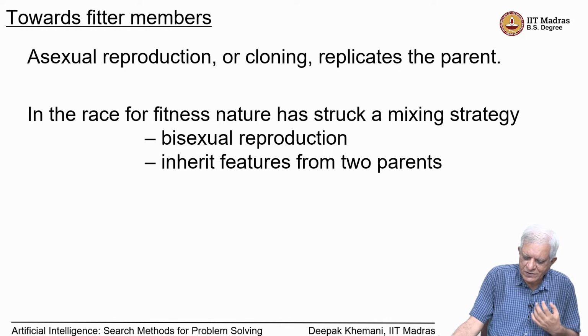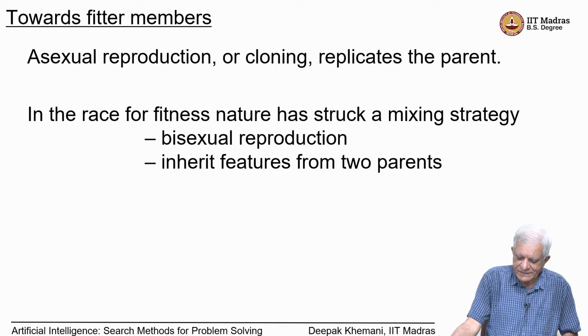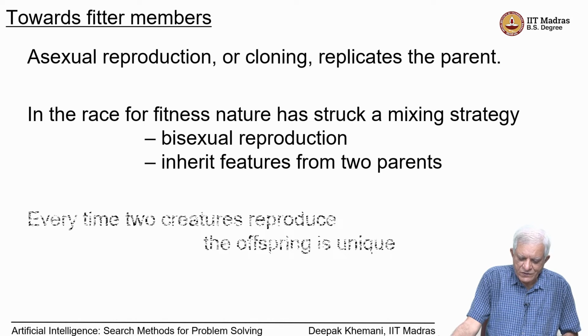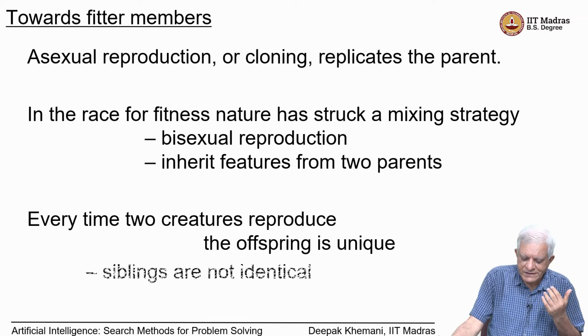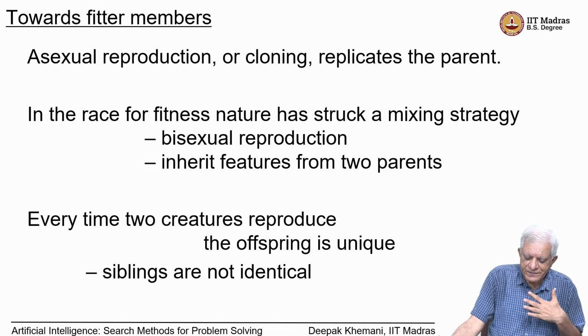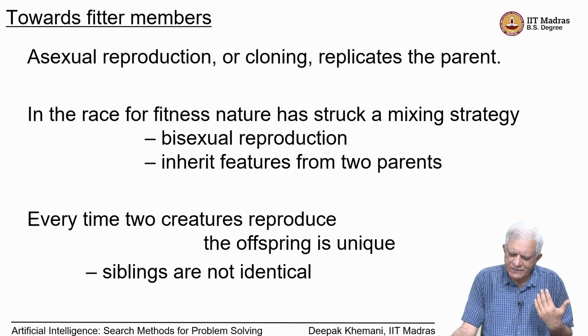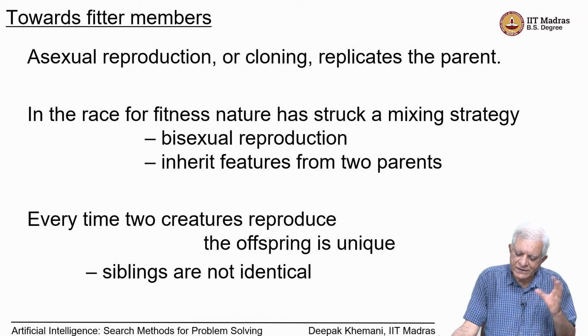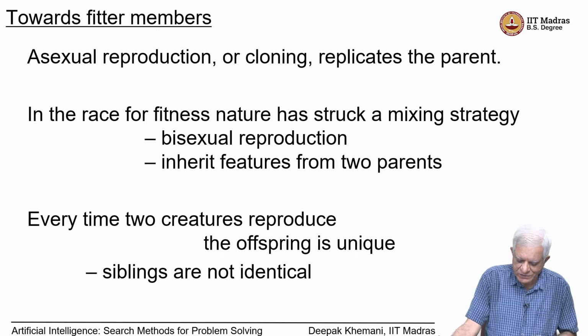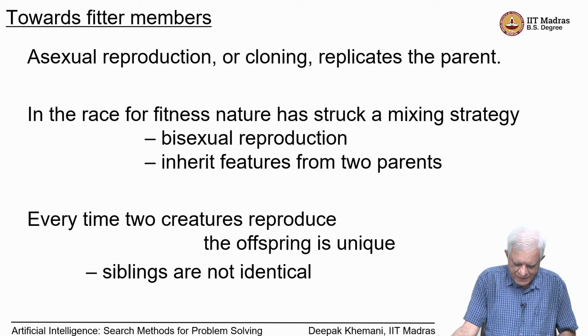Children are always produced from two parents and they inherit features from two parents. So, you can see that there is a mixing of genes happening. Every time two creatures reproduce, the offspring is unique. That is why siblings are not identical. Every sibling inherits something different from their two parents. It is not that everything is inherited from the two parents. It is something from one parent and something from another parent.